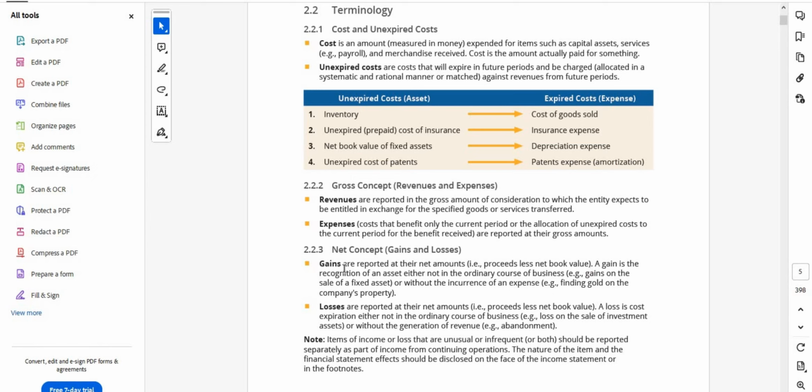Gains or losses. Gains are reported at their net amount, that is, proceeds less net book value. A gain is the recognition of assets either not in the ordinary course of business or without the incurrence of expenses. That means gains are reported at their net amount.